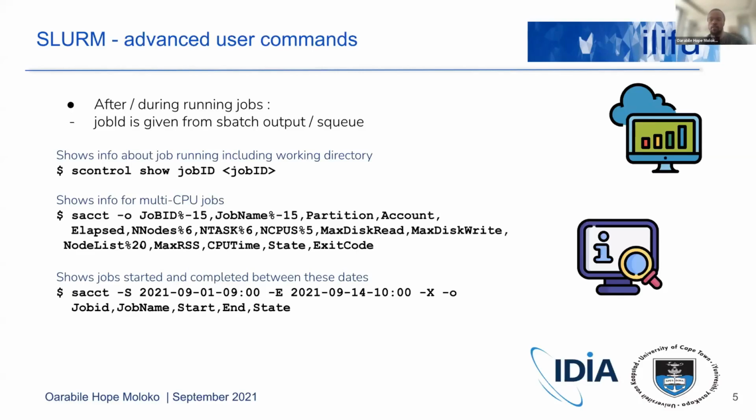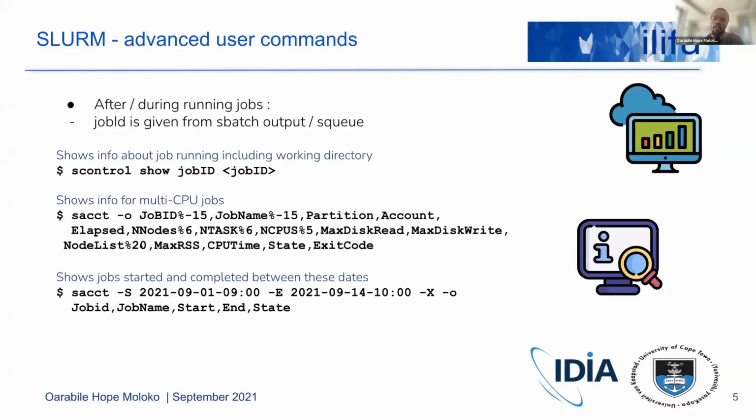The two useful commands to note here are scontrol and sacct. scontrol gives you information about the job that's currently running, and sacct allows you to inspect your completed jobs. So you can compare the resources you allocated for the job with how much of those resources were used, so that next time you can allocate resources and use them efficiently.